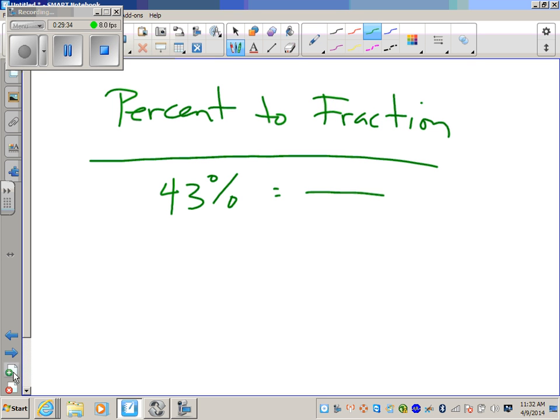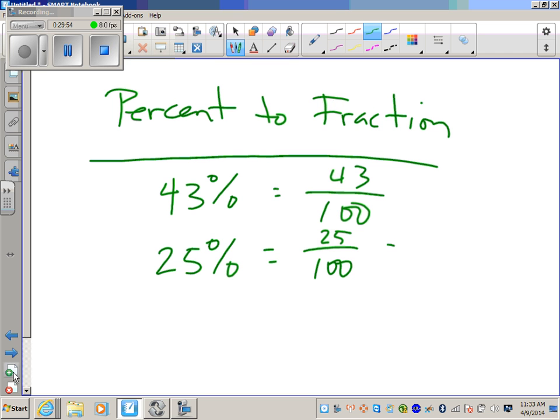Put it over what? Ta-da! Can you simplify 43 over 100? 25% equals? 1/4 of a dollar?